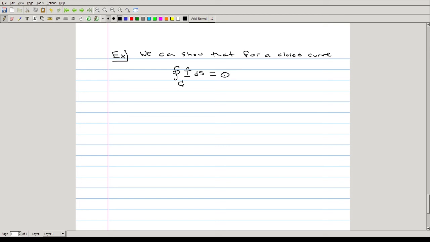So for a closed curve, if you consider the circulation of the tangent vector field to the curve, this will always end up being equal to 0.